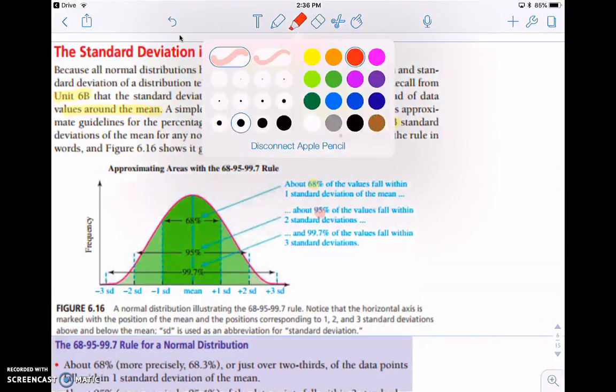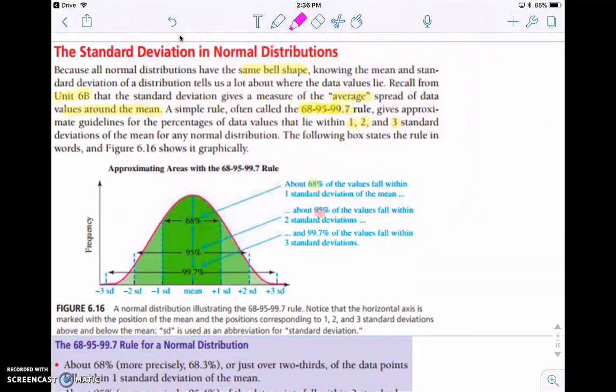And then if you jump out 3 standard deviations, you get way out into the tails, like minuscule. That tells us that 99.7% of our data will fall within 3 standard deviations above and below the mean. So almost all of it, 0.3%, won't fall. They'll be beyond 3 standard deviations above or below the mean, but almost all of our data is within 3 standard deviations above and below the mean.